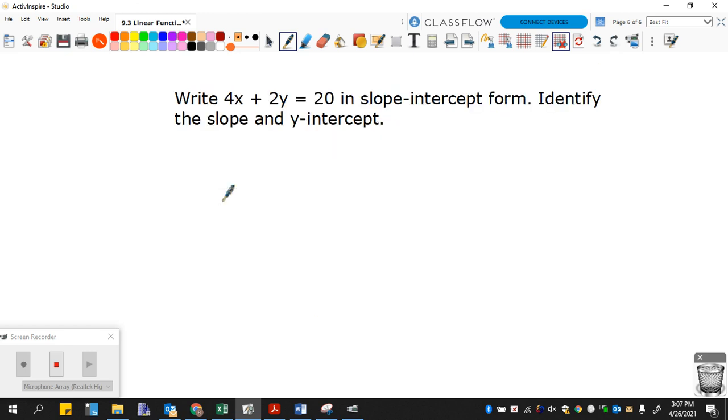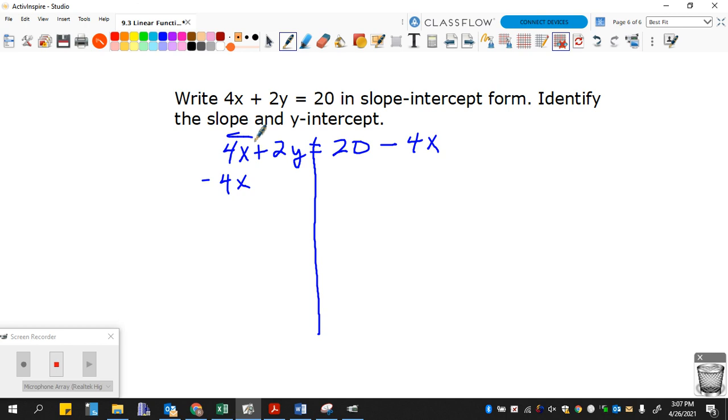The last example we're doing: 4x plus 2y equals 20, in slope-intercept form. I'm going to rewrite that: 4x plus 2y is equal to 20. I'm going to just solve for y, just like we did the last problem. I'm going to subtract the 4x, so the 4x cancels out to 0.